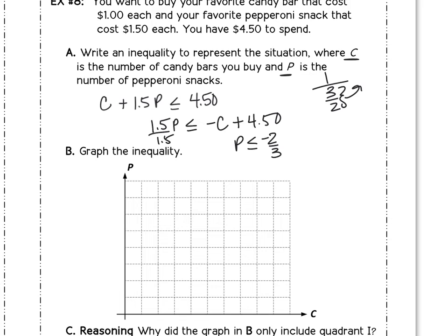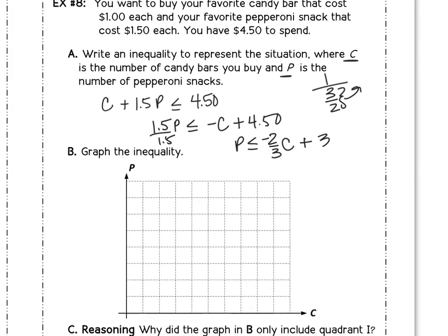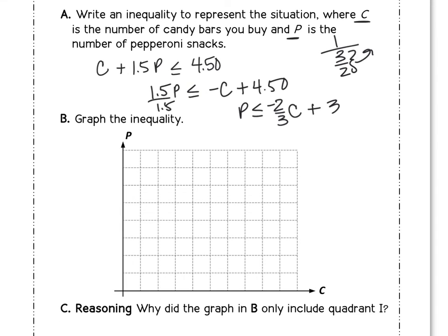And it is a negative C, so I want to make sure I have that there. And then 450 divided by 1.5, I think it's a 3. I'm going to double check for you. Divided by 1.5 is 3. Yes, so very nice number. So there is my information for graphing.